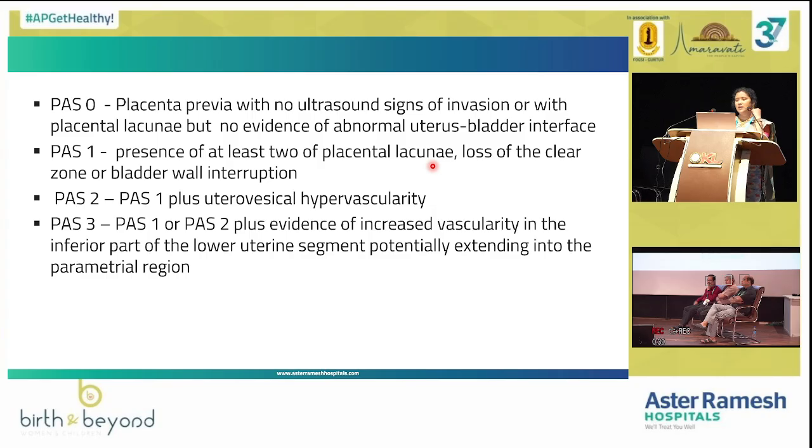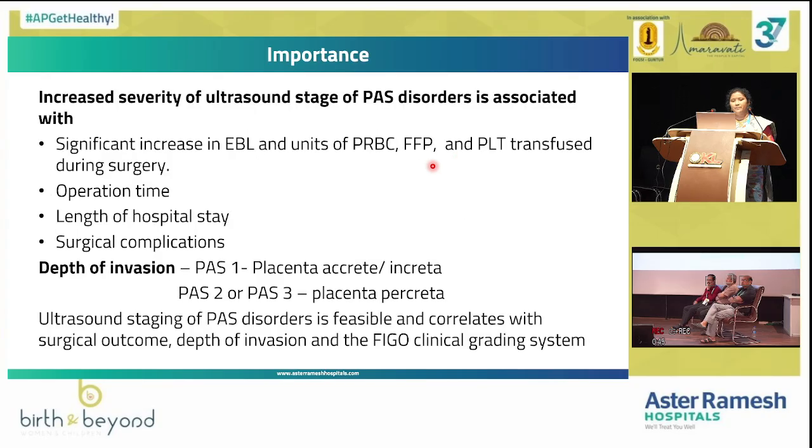PAS 3 is increased vascularity in the inferior part of the lower uterine segment extending into the parametrium. So as the ultrasound severity increases, the blood loss, operation time, length of hospital stay, and surgical complications will increase.